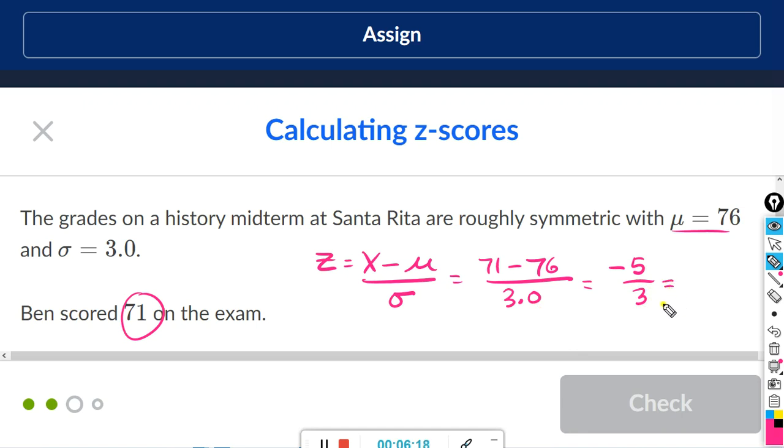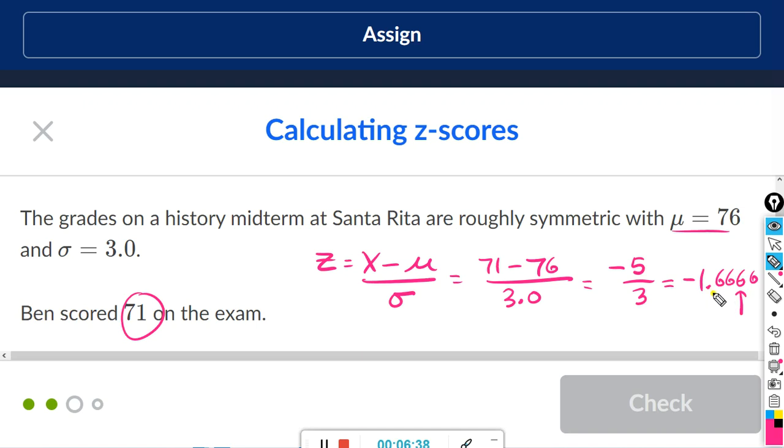So this is going to be negative 1.6 repeating. Rounding to 2 decimal places, you want to look at the third decimal.